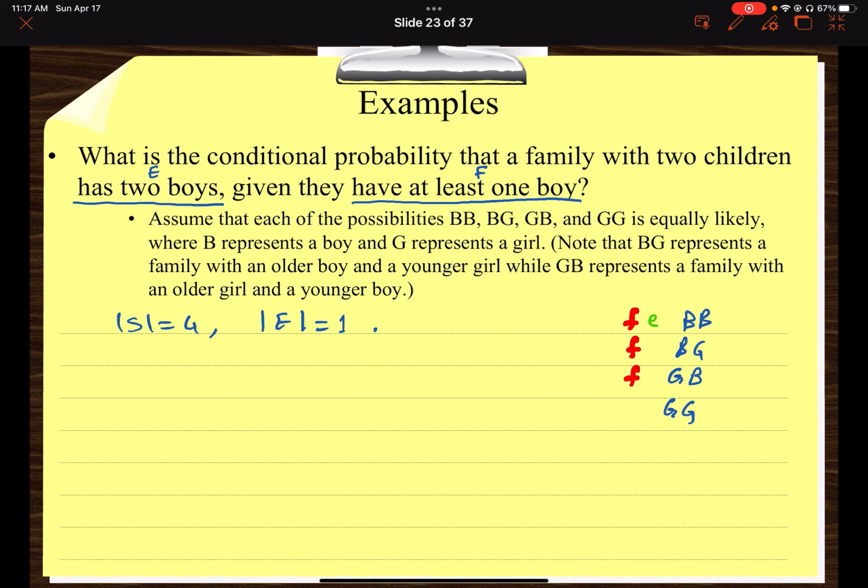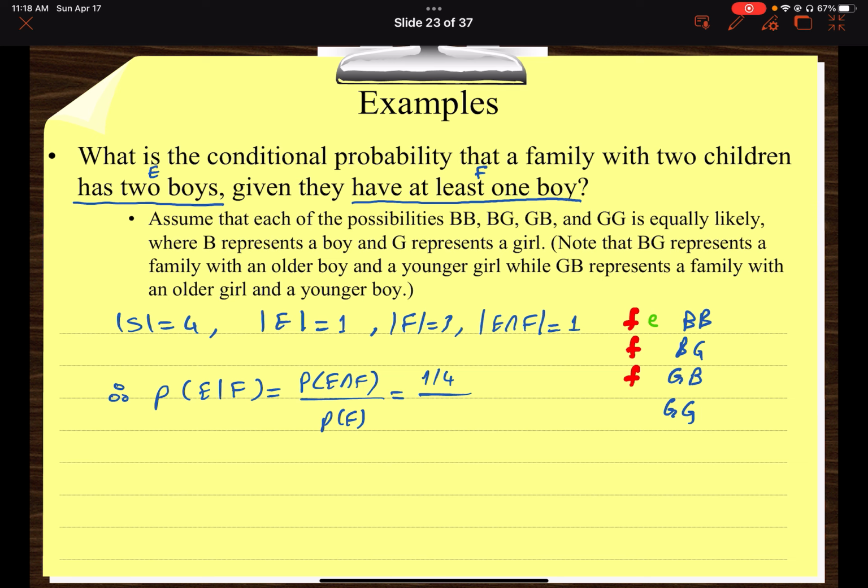1. What is the size of F? 3. What is the size of E intersection F? 1. Therefore, probability of E given F is equal to probability of E intersection F divided by probability of F. Now what is probability of E intersection F? 1 over 4, right?